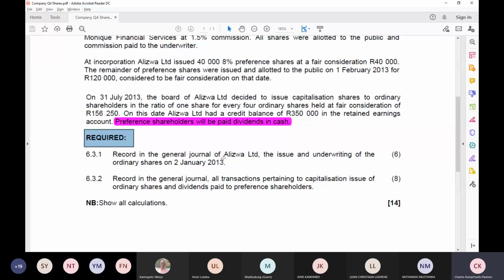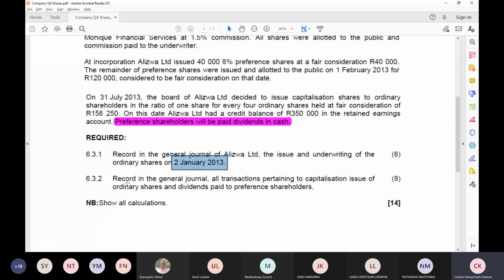Record in the general journal of Elizwa Limited the issue and underwriting of the ordinary shares. What do they want? The issue and underwriting of ordinary shares on 2 January 2013. Nothing else, nothing more, nothing less.